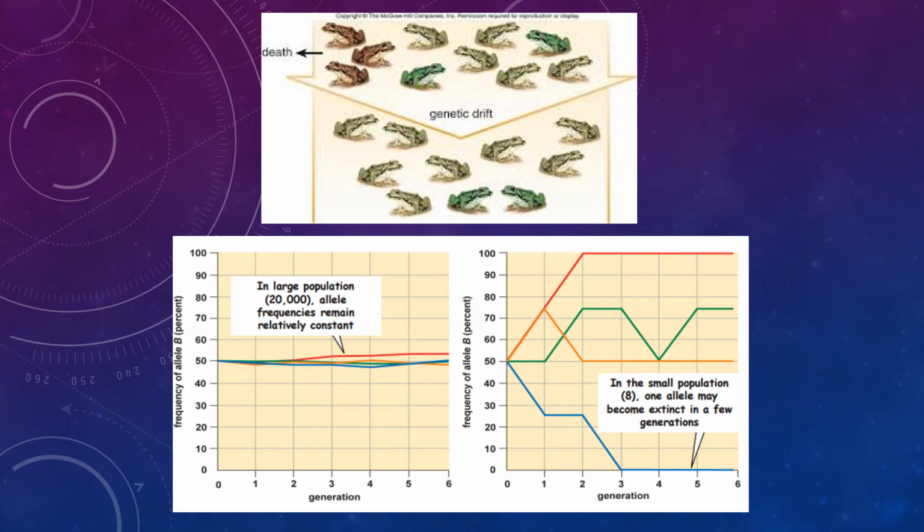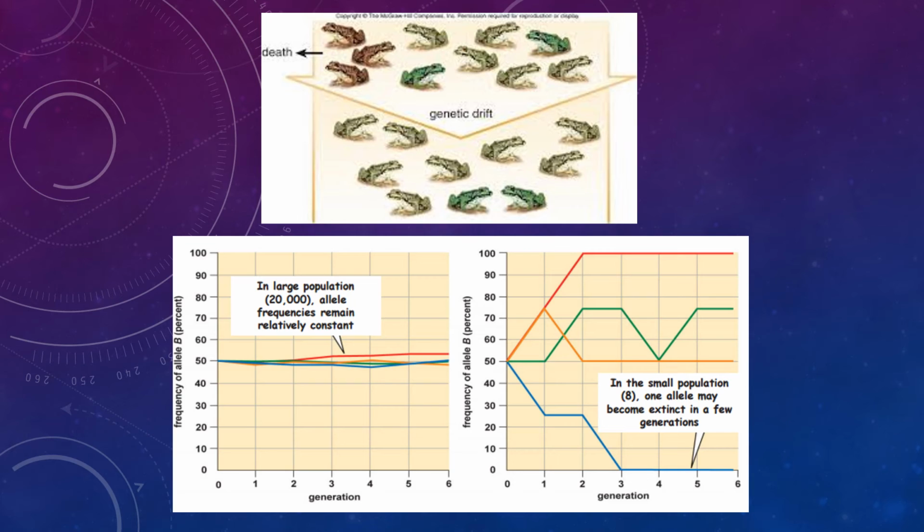It just happens because it happens. So in this example, the picture at the top of the frogs, let's say you have three different kinds of frogs: red, yellow, green. By chance, just by chance, you lose the three red frogs in this small population. By the time you get to the second generation, in theory, you would only have two colors of that frog left.